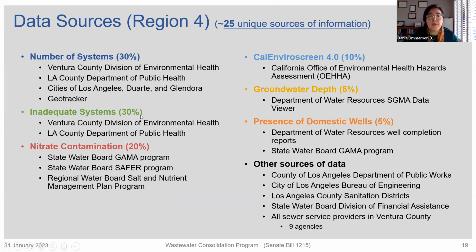And then they go into more detailed ranking systems to evaluate which communities are going to be prioritized. These are also the data sources where they obtain that information.